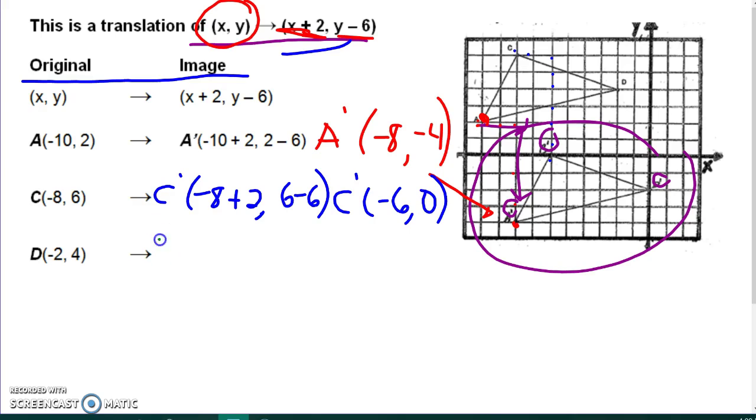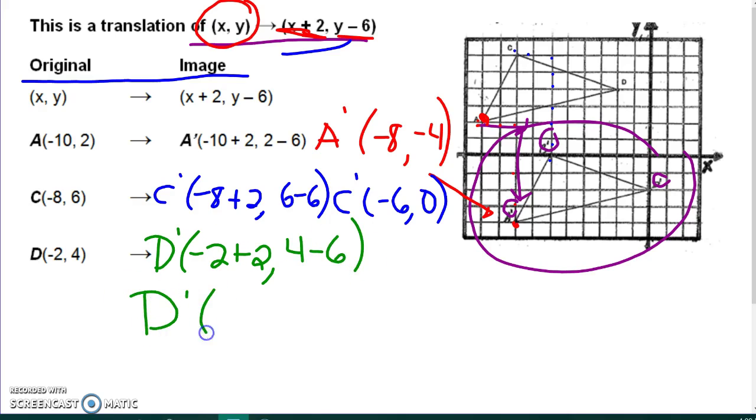For D, again, D' will be, if I take its x-coordinate and add 2, and take its y-coordinate and subtract 6, that gets us that D' is going to be at 0, -2, which it is. Pretty cool. So that's how this all works.